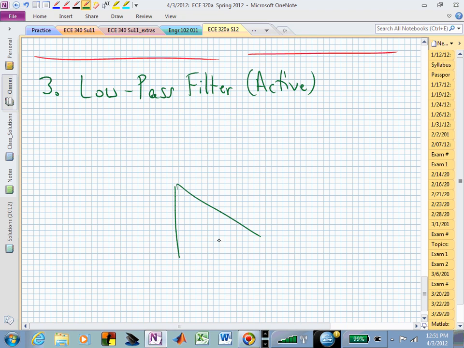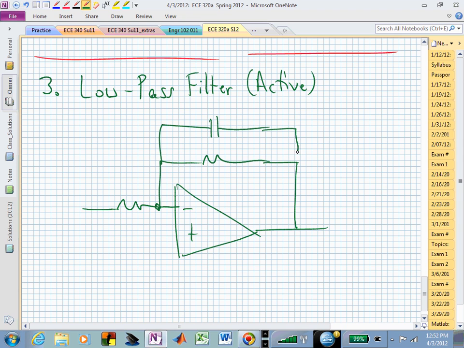And now we have just really added one more component, an energy storage device, around this op-amp.